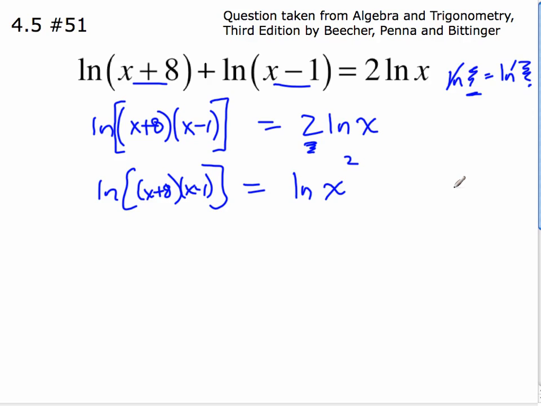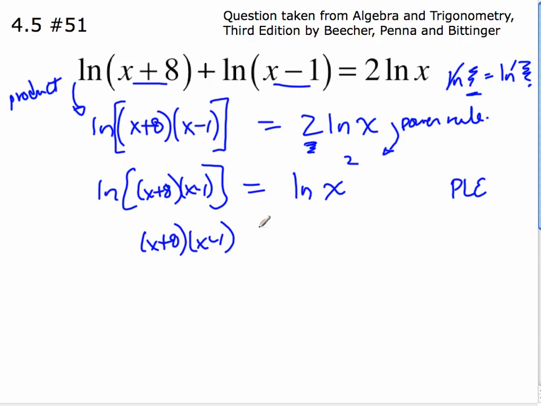So now I can use the property of logarithmic equality to go to the next step. This step here, I use the power rule. It's nice to write those things down. And from there to there, I use the product rule of logarithms.